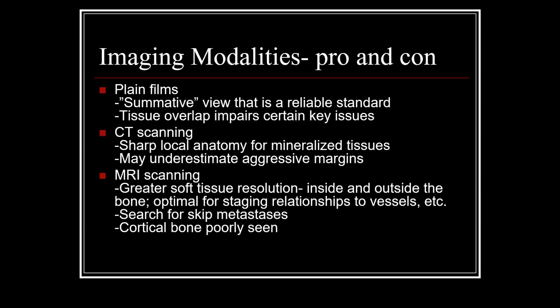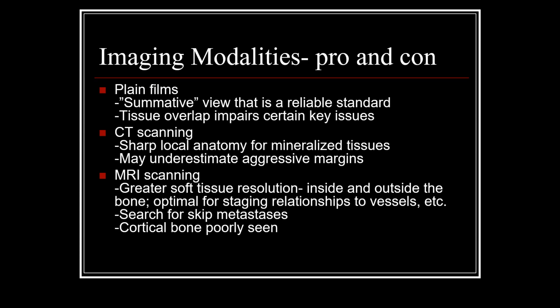Additionally, as we think about the different kinds of modalities that are available to us, it's important to remember that there are different advantages and disadvantages. So, for example, plain films give you kind of a nice summative view that is kind of the baseline standard that people have worked with for decades.